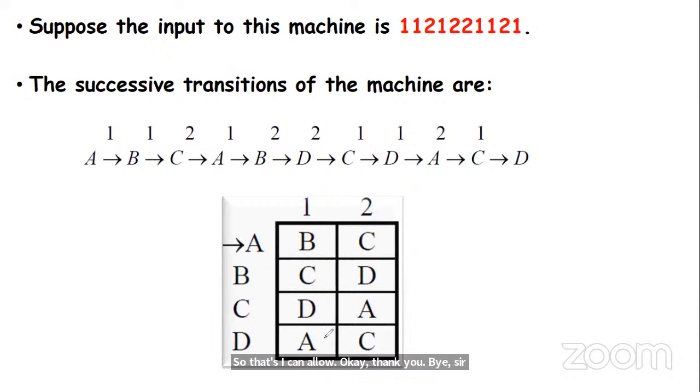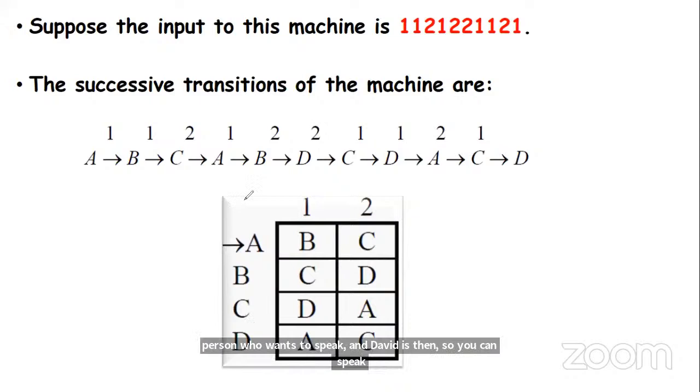Okay, I think there's another person who wants to speak, and David is on. So you can speak. So it's moving from D to C. It moves from D to C because on the table that we have, the input is 2.